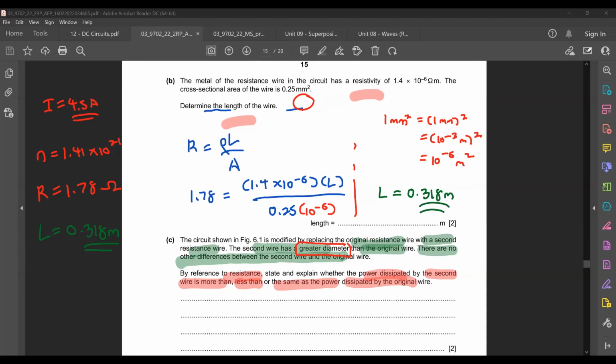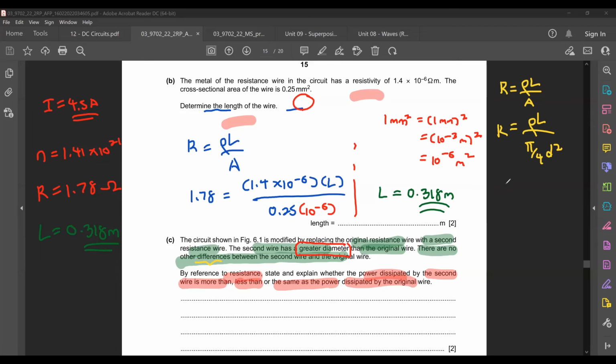Okay, so for our case here, we know that R is rho L over A, but then A is pi over 4 D squared. They say everything else is the same, only the diameter is greater.